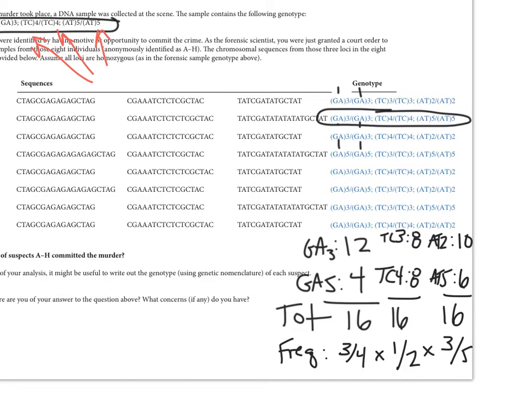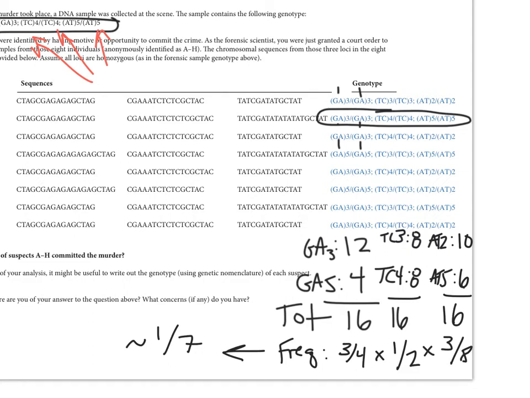AT5, you're right. Not 3 out of 5. It's 6 out of 16, which is 3/8. Oh, okay. Thank you. So 3/4 times 1/2 times 3/8. It's approximately 1 out of 7.